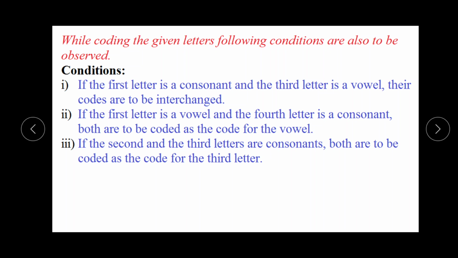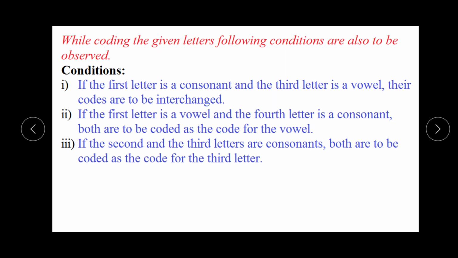The second condition is that if the first letter is a vowel and the fourth letter is a consonant, both are to be coded as the code for the vowel. It means the first should be a vowel and the fourth should be a consonant. If at these two positions there are a vowel and a consonant, we will not use the code for the consonant, because it is given that at both places we will use the code for a vowel.